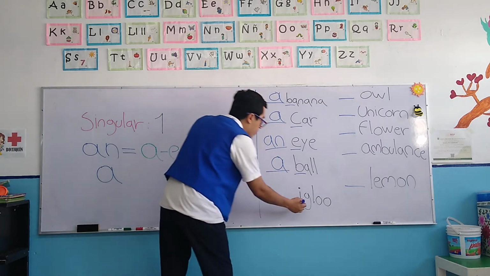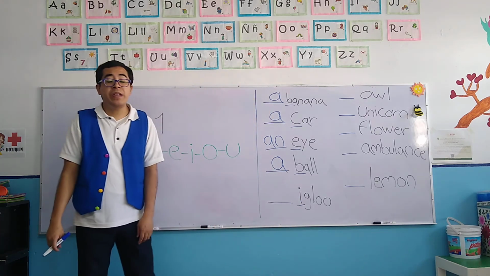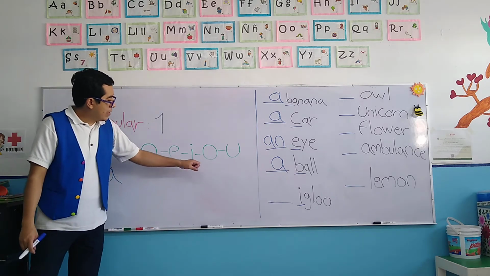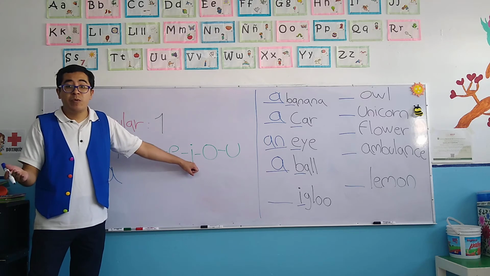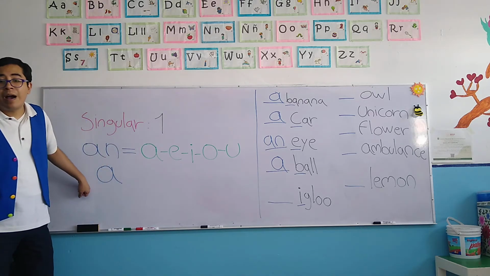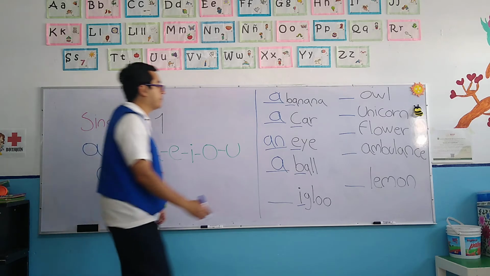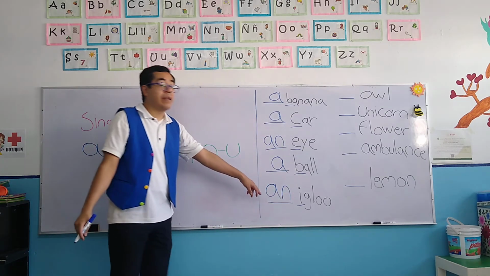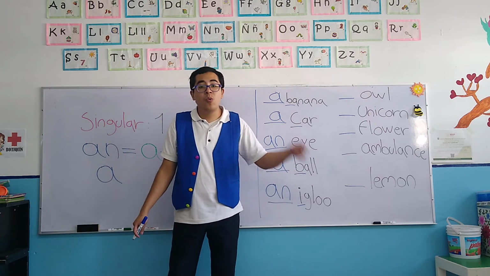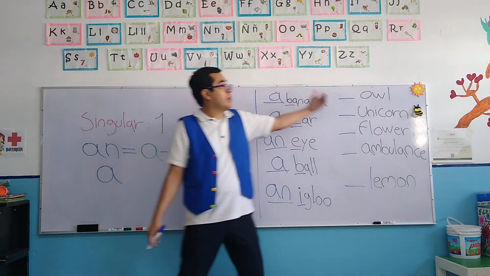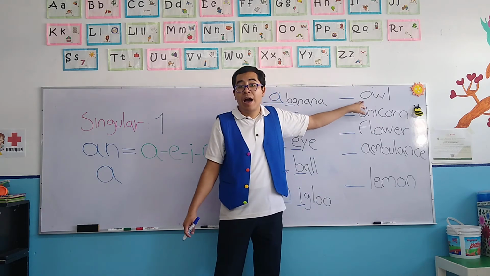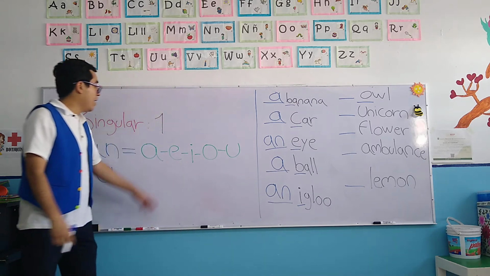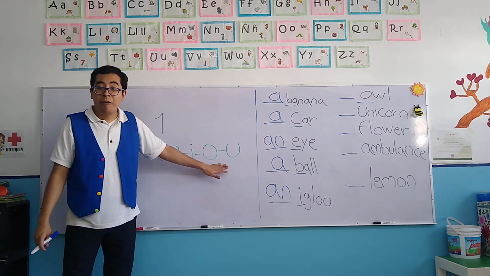Let's continue with the igloo. The word igloo begins with letter I of Indian, of Irma. The letter I, is it a vowel? Yes, it's right here. So what do we put? An or a? An. According to the rule, we have to write an. An igloo. Un igloo. Let's continue from this side. We have the owl. Now the owl begins with letter O. Letter O. Is it a vowel?